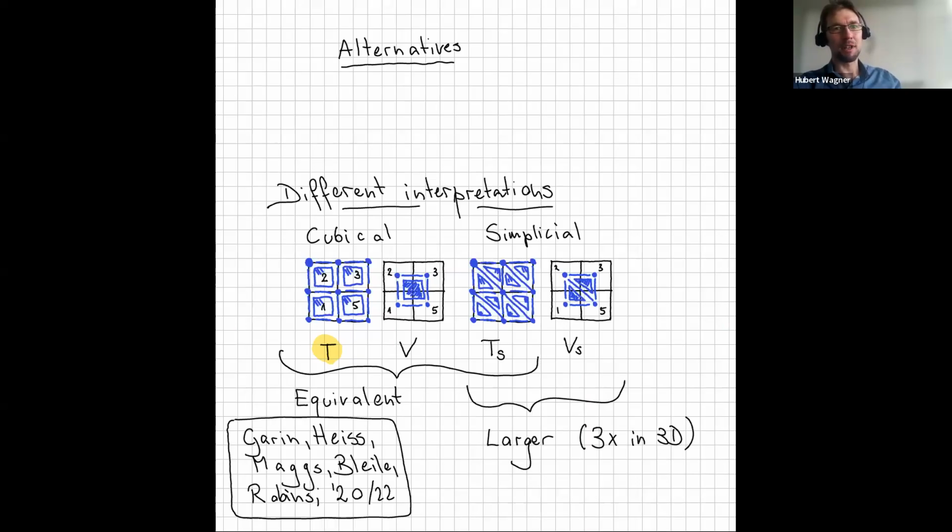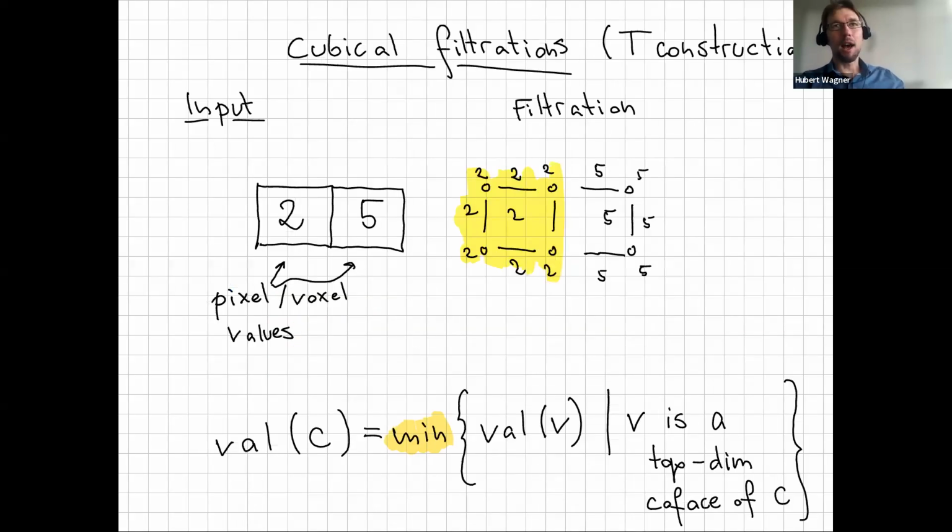This is some really nice work by Adelie, Teresa, and Vanessa Robbins, and some other people who proved this equivalence, which in 2D people had suspected for a long time, but it's really good to have a proof.